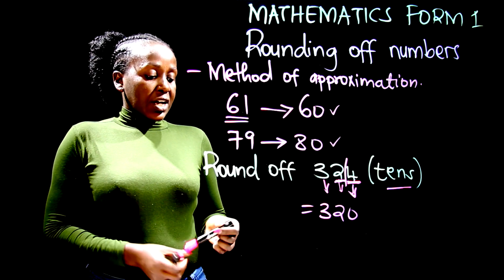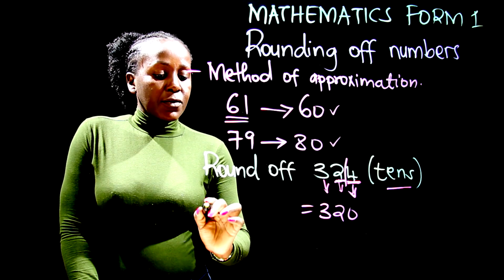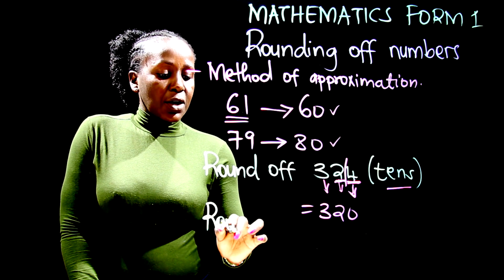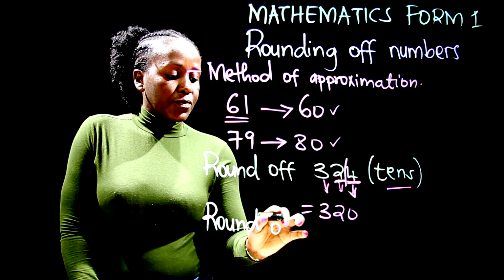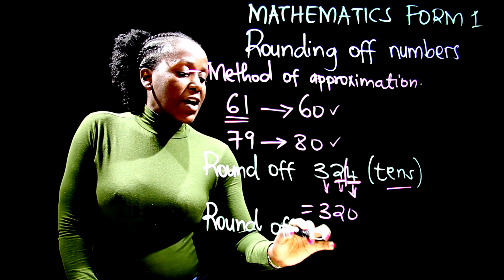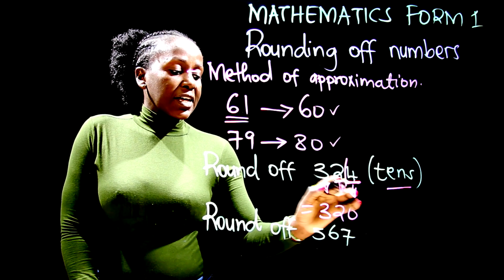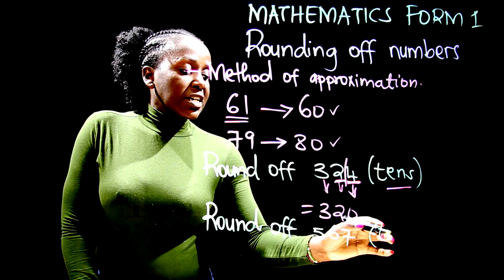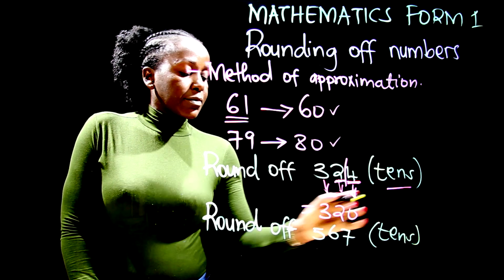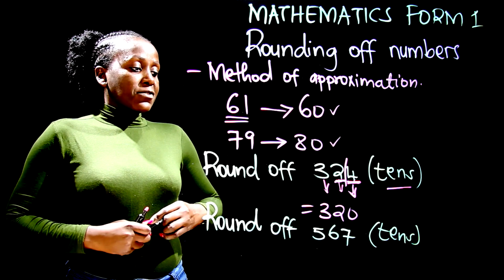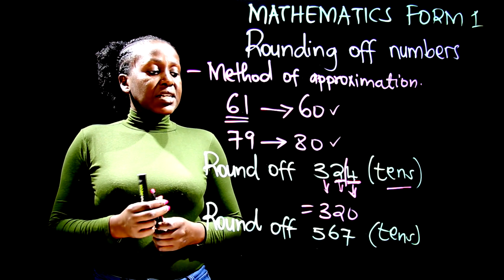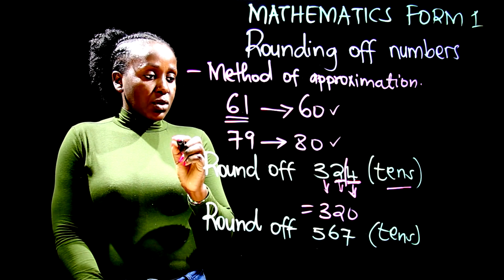Now let's check another example. Let's round off 567 again to the nearest tens. Remember the rules.